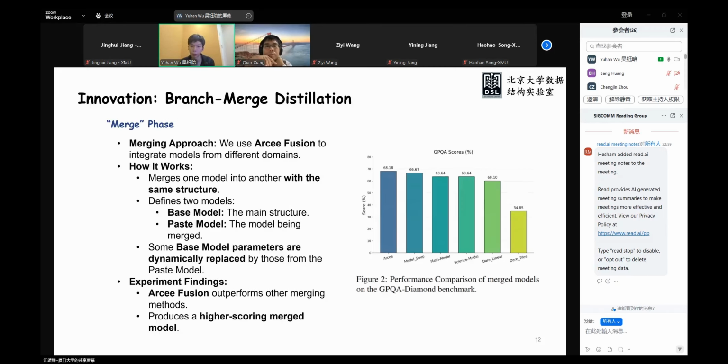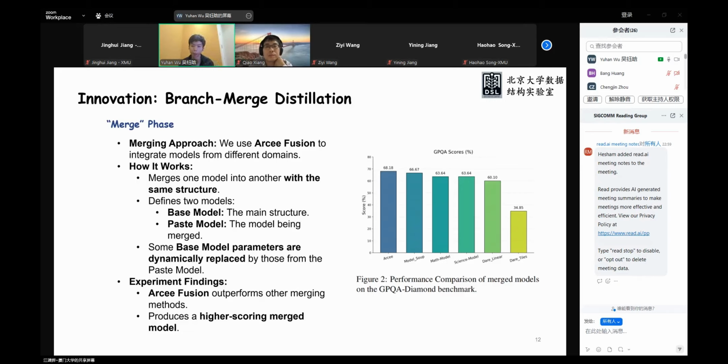In the merge phase, we use array fusion to combine models from different domains into a single unified model. This is an algorithm designed to merge one model into another of the same structure. To explain this process, we define two models.